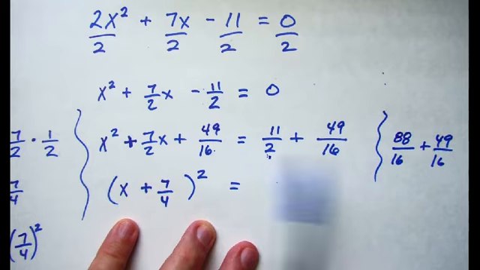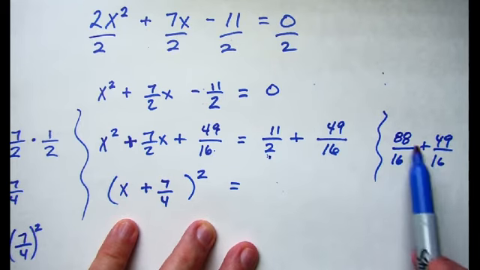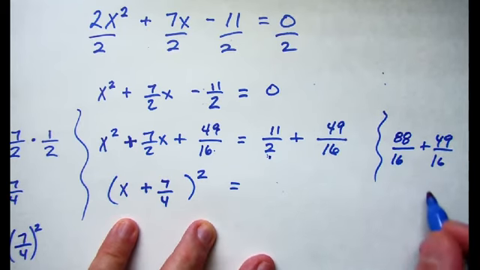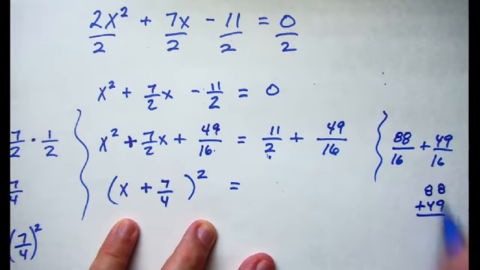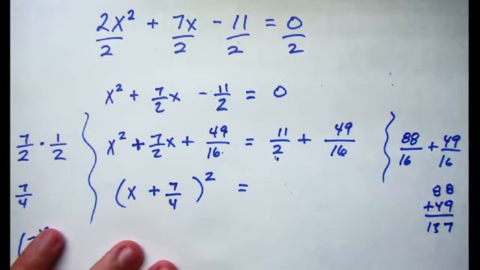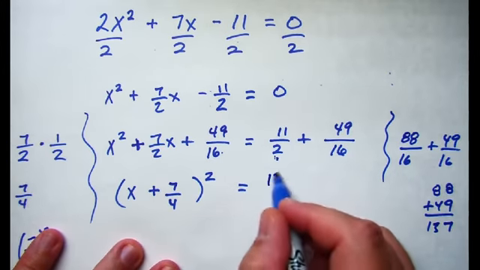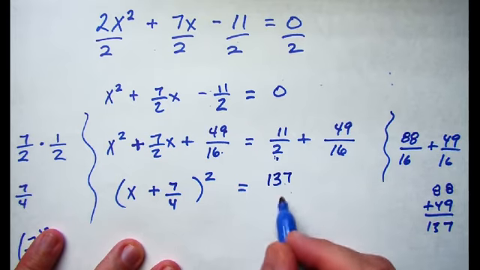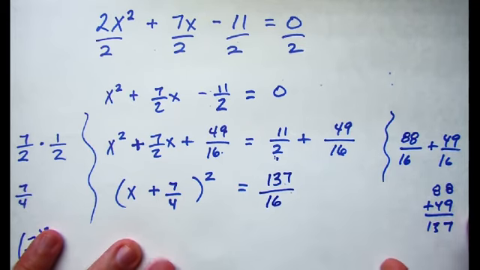Oh, wait a minute, we're multiplying. Yeah, that's right. Now, so 88 plus 49 is about 137 there. So now this is going to give me this very nice number of 137 over 16.